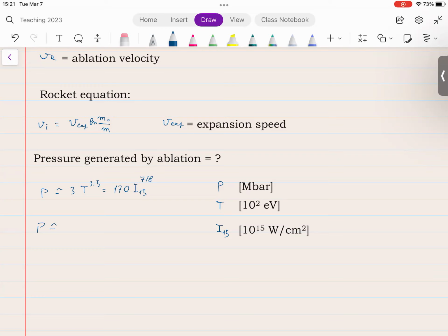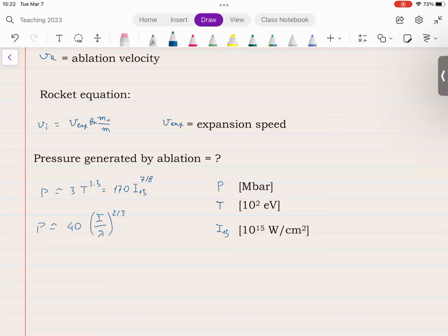Pressure P is going to be approximately equal to 40 times I over lambda, and that's another favorite trick of the ICF community to change units for expressions for the same thing in different circumstances.